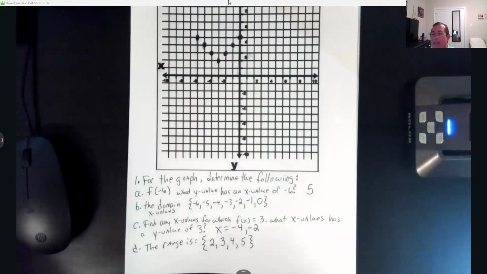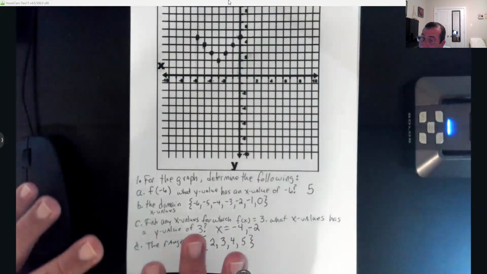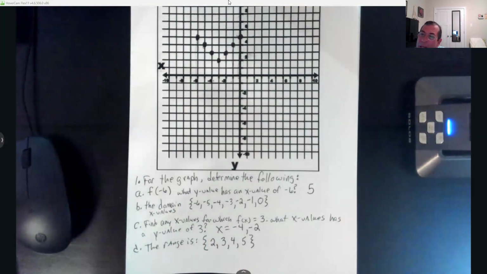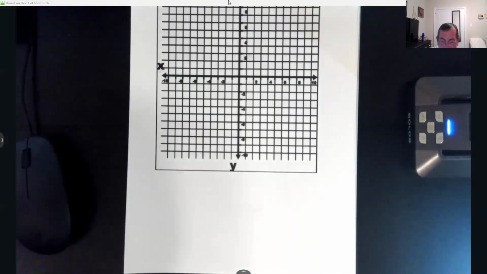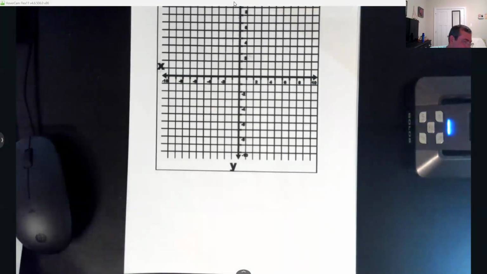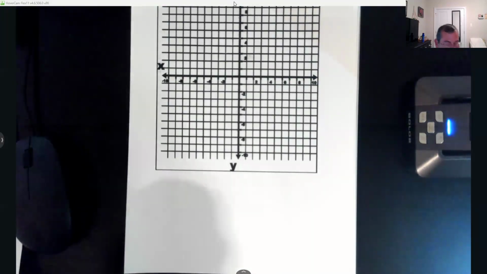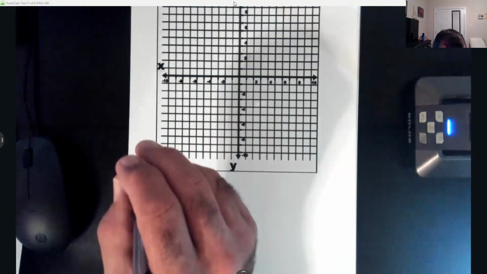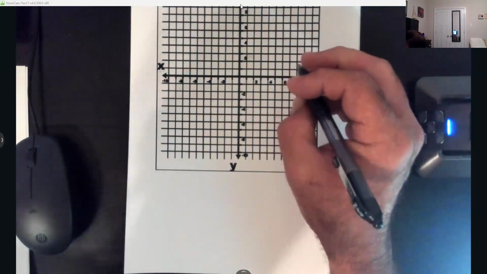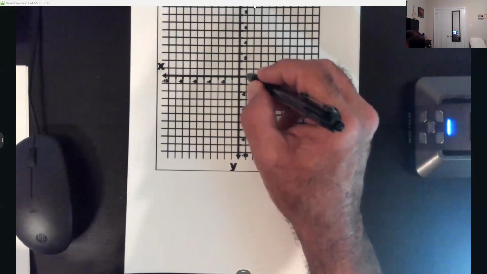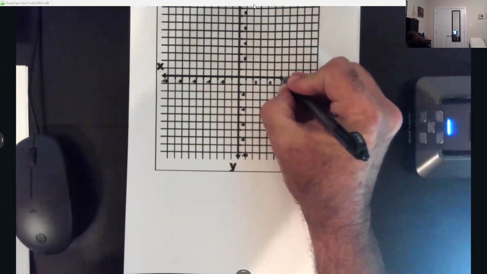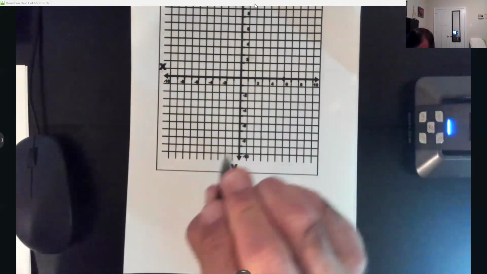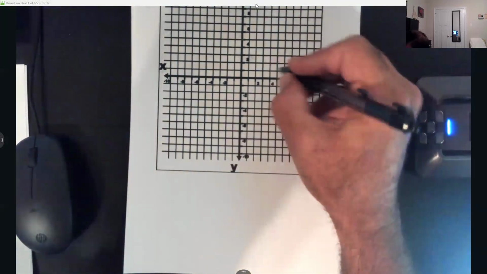So y'all, guess what? The next problem is really similar to this, except on it, they're not going to use dots. They're going to use lines on it, okay? So let me get that one ready. All right, so y'all, it starts over here at 6. So 1, 2, 3, 4, 5, 6. All right, then let me see what it's doing.